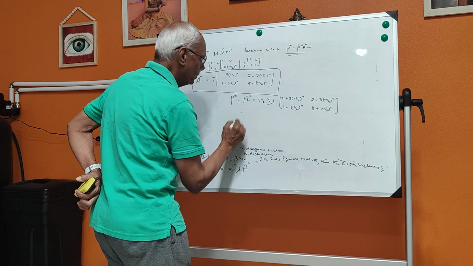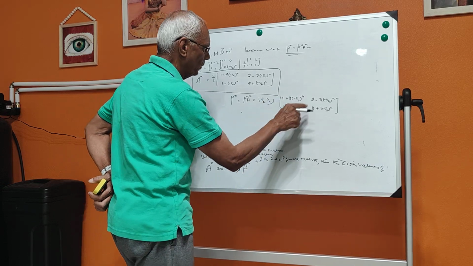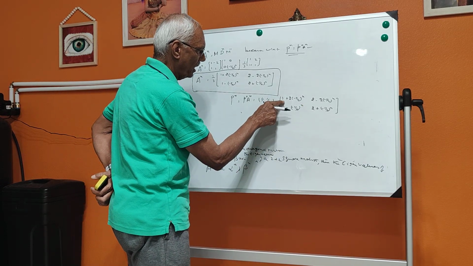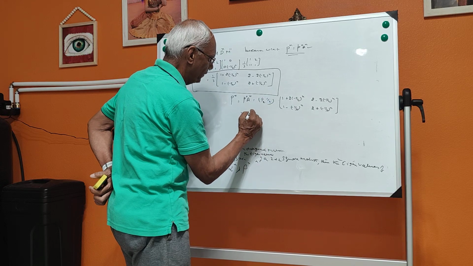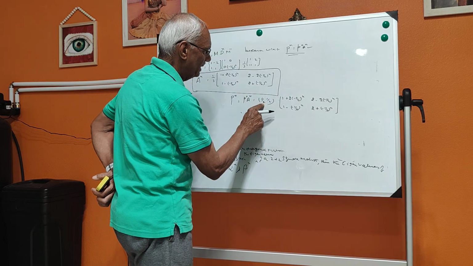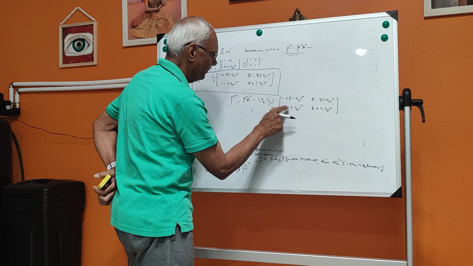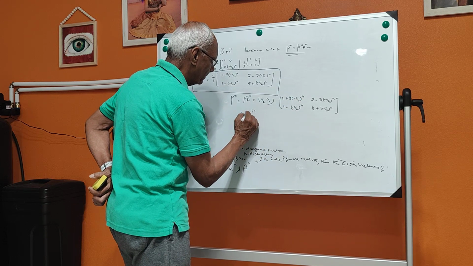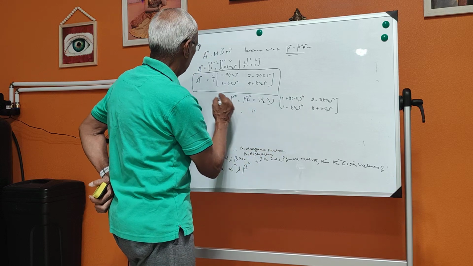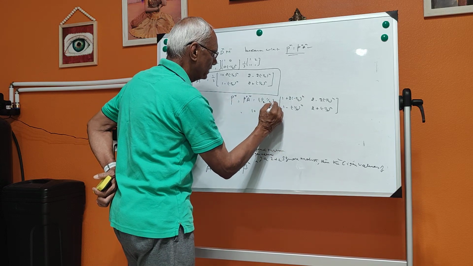So if you do that, row into column, half into 1 is half, half into 1 is half, therefore you will get it as 1. Then this is 1 times minus 1, then this is minus half, so this will be plus. 1 by 3 is outside here.